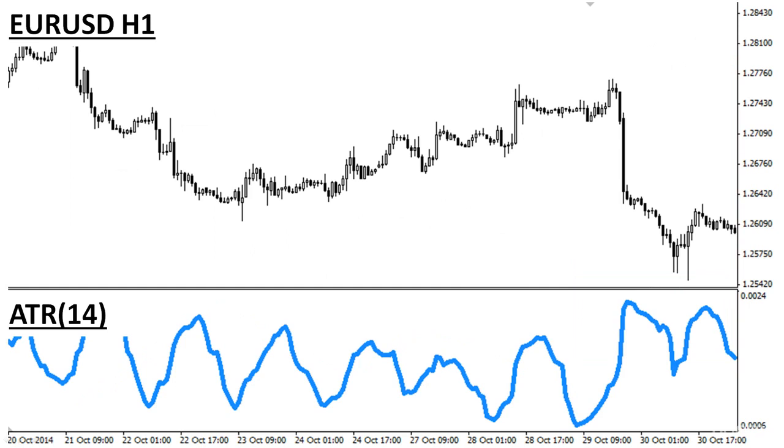That means that every single element in the average true range represents the smoothed out true range of the past 14 bars. And that's how it's been changing, and that tells you of the market volatility. So right now you can see on the right, the true range is somewhere about average, meaning the market is not in its most volatile time. And you can use that in your trading.